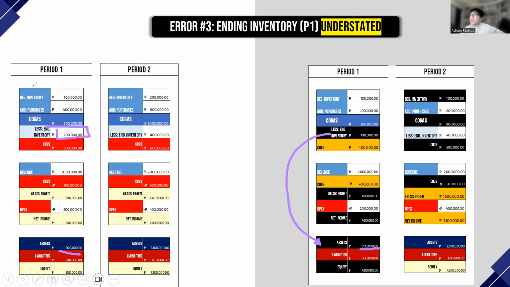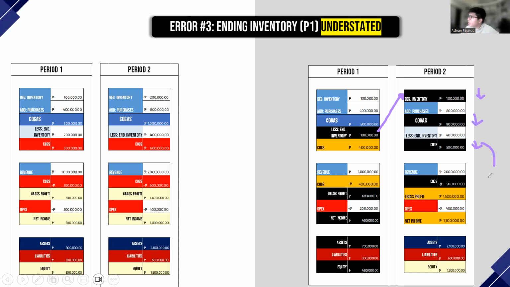So therefore, that's just the first period effect. Anong problema? Dahil our ending inventory is understated, our beginning inventory for the next period is understated. So para lang siyang yung first period effect. Dahil your beginning inventory is understated, your COGS is understated.